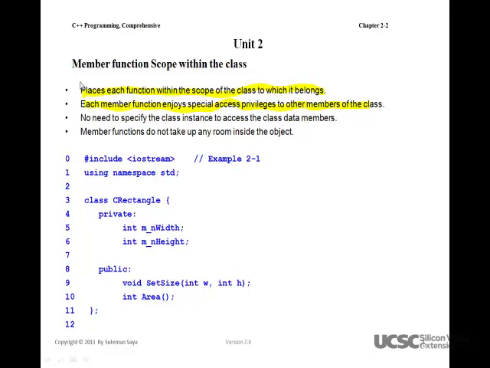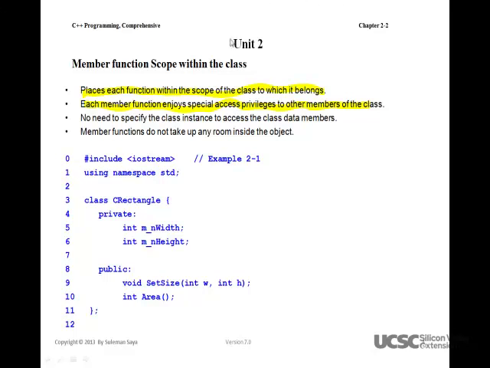Each function enjoys special access privileges to other members of the class. Since the member function is part of the class, it has easy access to all the members within the body of the class. No need to specify the class instance to access the data members.